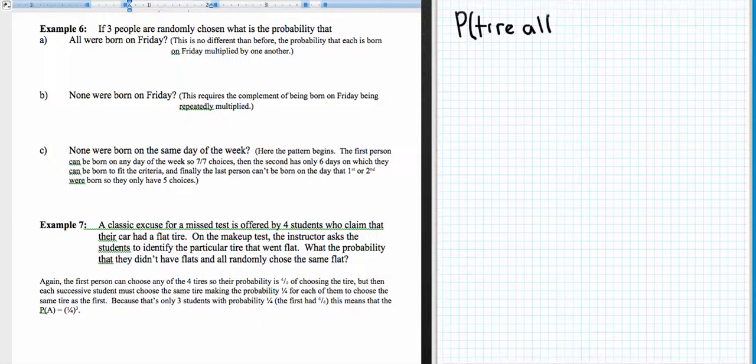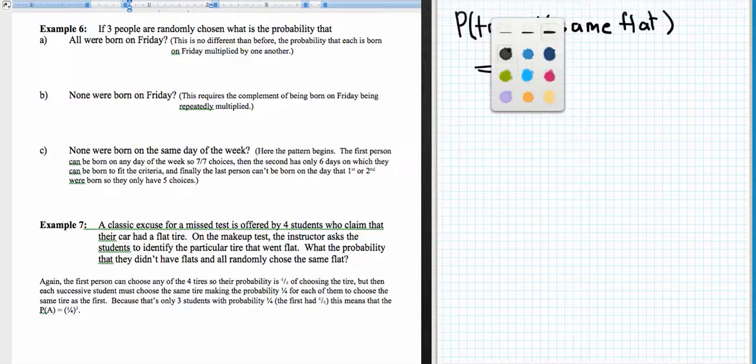So this first person, they can choose any tire that they want. So let's just say that the first person really did have a flat tire, and their left front tire was flat. So the probability that their left front tire went flat, it's the 1, right? And then the next person, well, they have to have the same flat tire as that person.